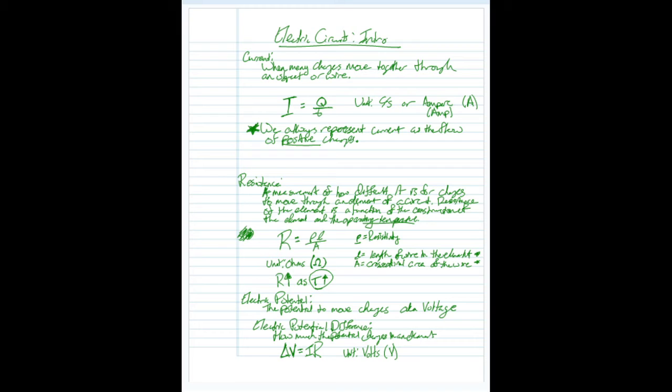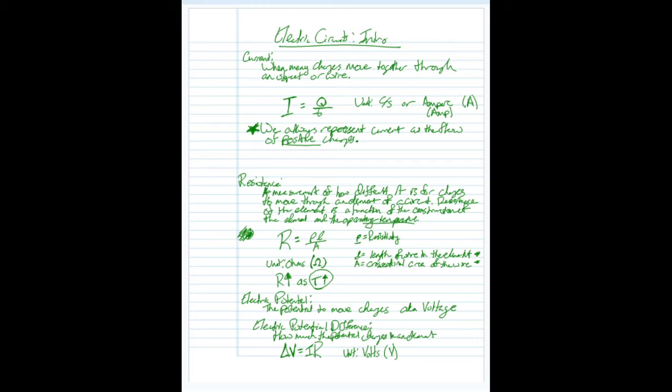The best analogy we have for electric potential is elevation. If I lift something up higher, it has the potential to fall. I could describe that as having potential energy, but here I'm just describing it as having the potential to move. Something more elevated has more potential.